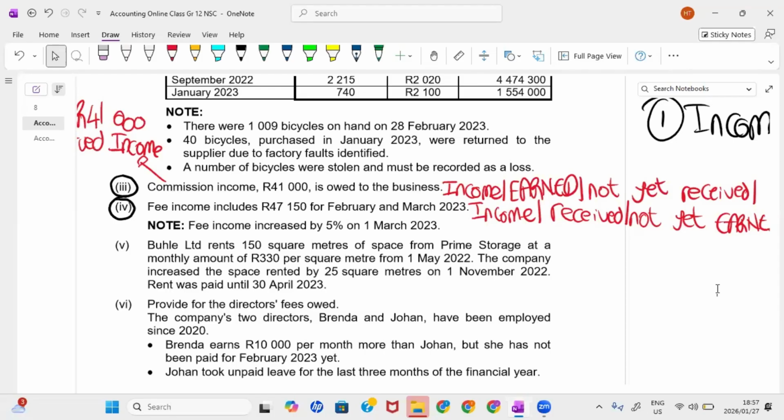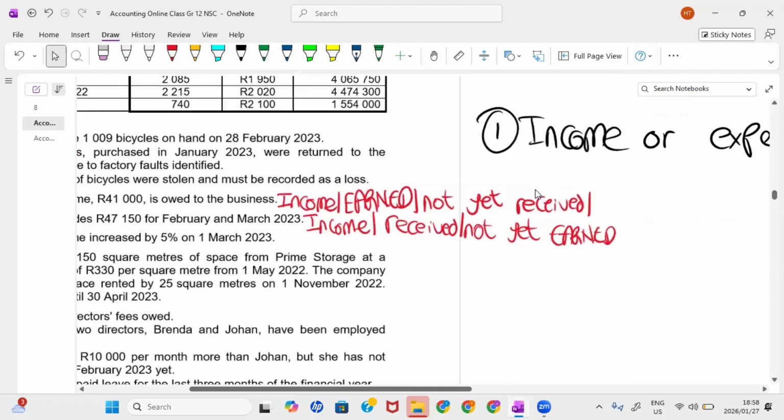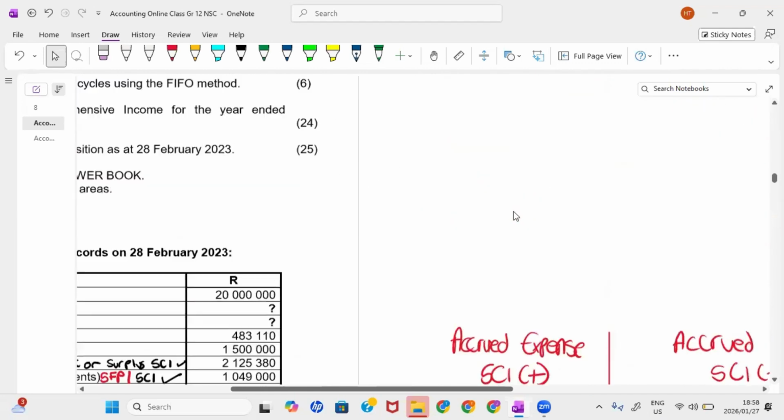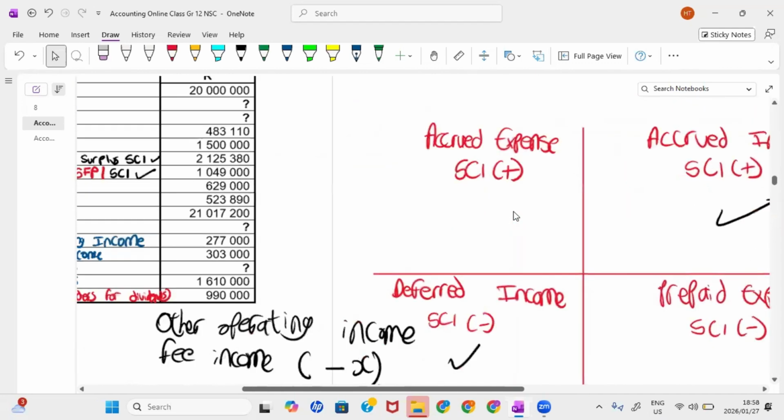However, I need you to write. You don't just write, let's say, with this thing, you write commission income, and you read commission income 41,000 is owed to the business. Then you just write that, whatever it is, it's accrued income. I don't want that.